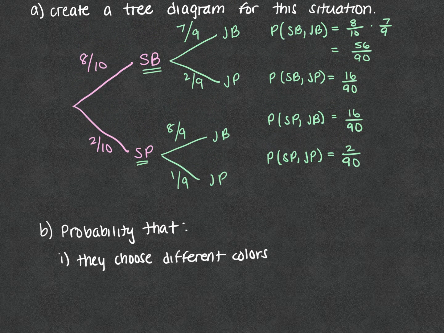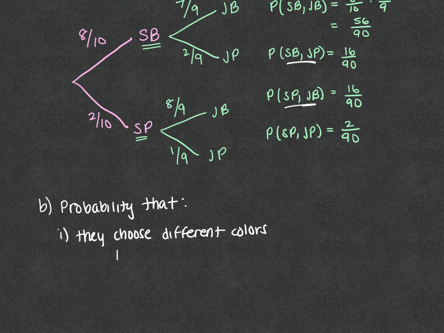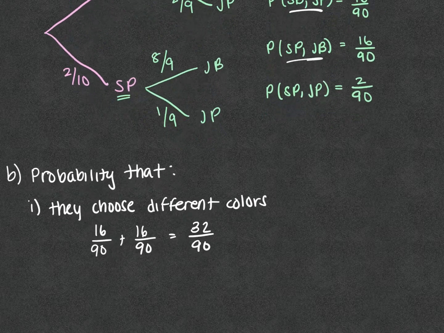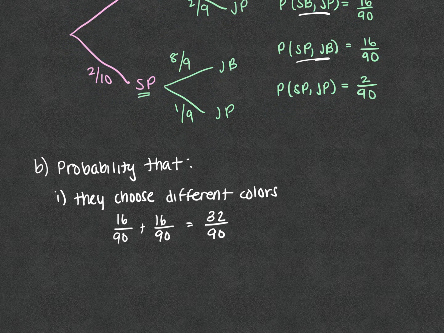In the first one, they both choose blue. In the second one, different colors. In the third one, different colors. So we'll just add those two together: 16 over 90 plus 16 over 90 is 32 over 90. Then let's do a given one again just to get some practice with that.